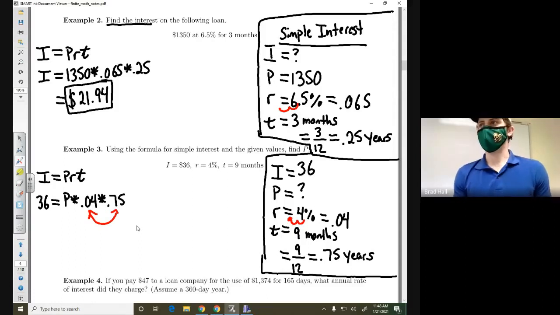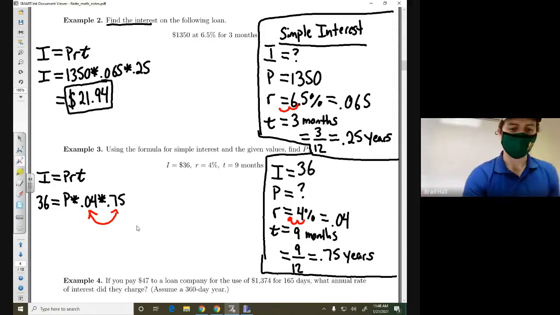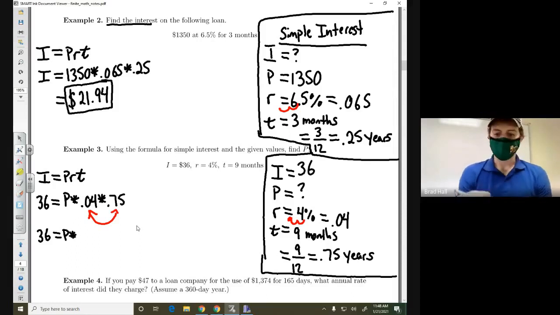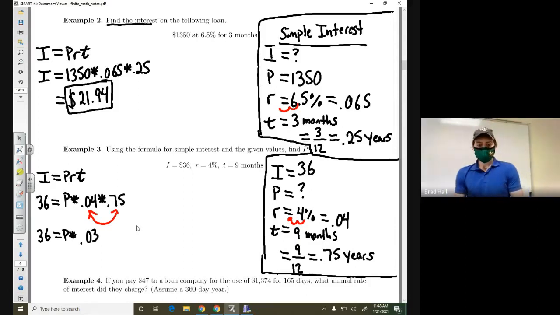I can just multiply those numbers together to make it a little bit easier and clean this up. 36 is equal to P times 0.04 times 0.75. I've done this problem a few times today. I know that's 0.03. So I'll just jot that down.